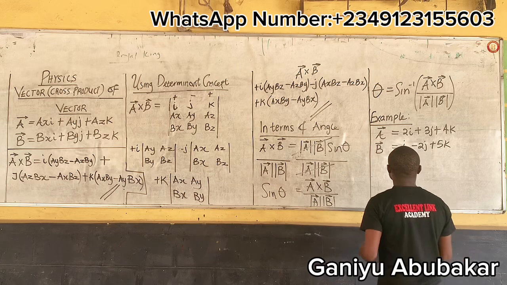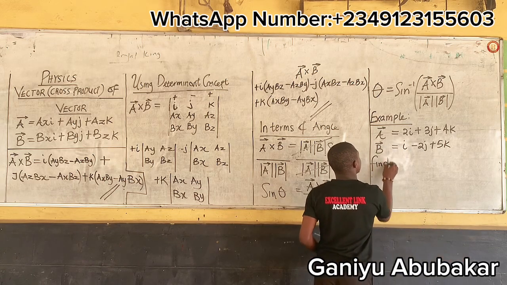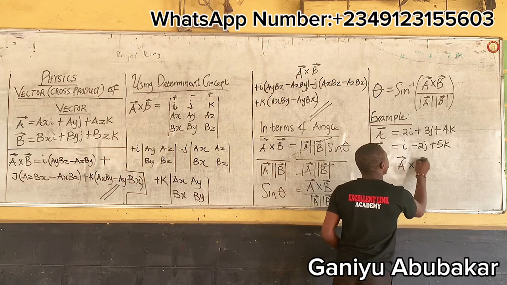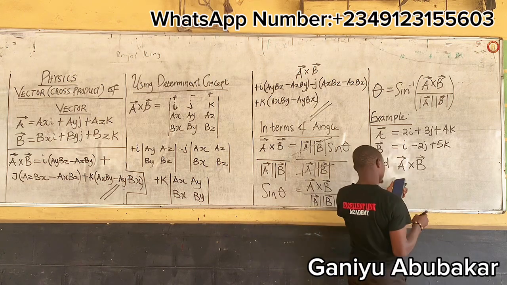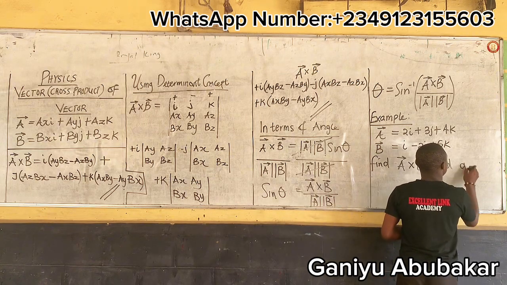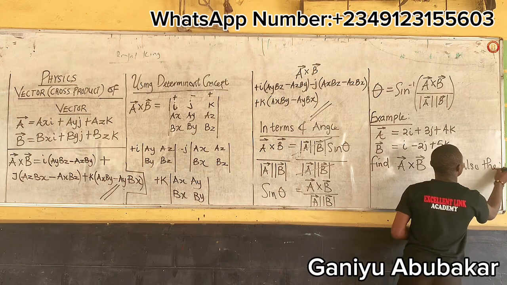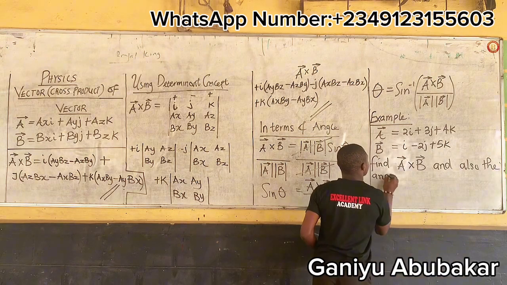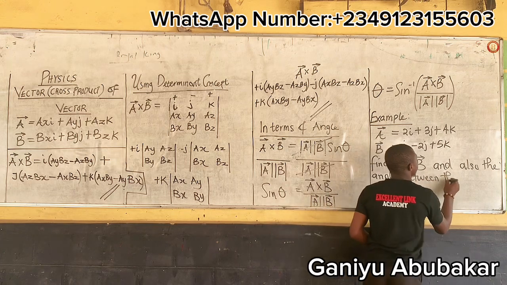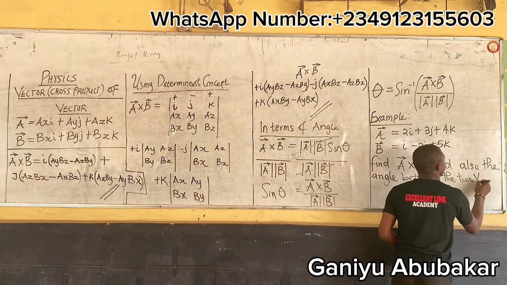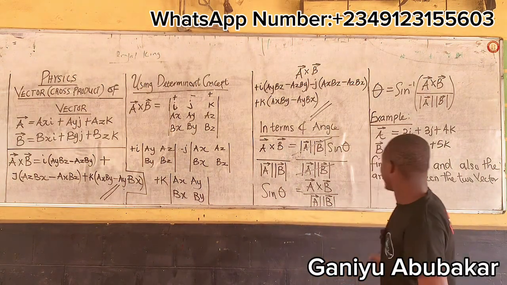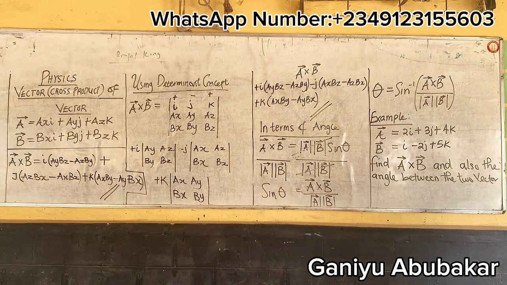Find the cross product of vector A and B, and also the angle between the two vectors. All right, let's solve this problem.